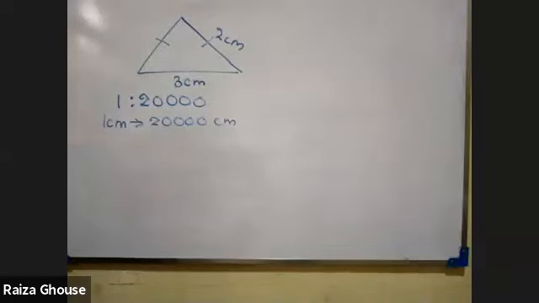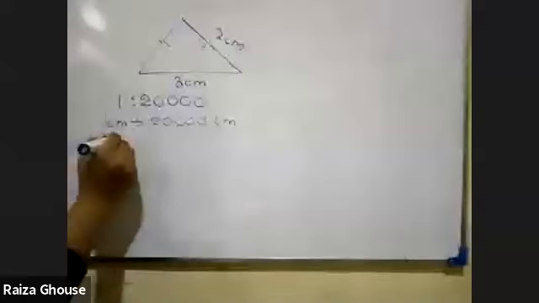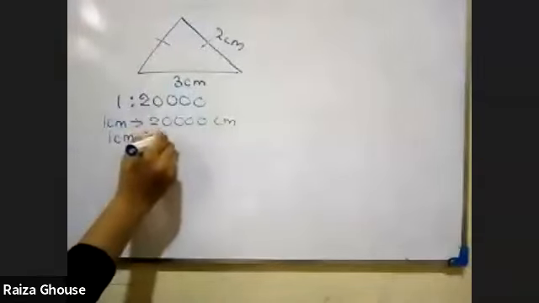Who can tell me that? 1 meter is 100 centimeter, then 20,000 centimeter is... Very good. 200 meters, correct. So I can write down 1 centimeter is 200 meter.